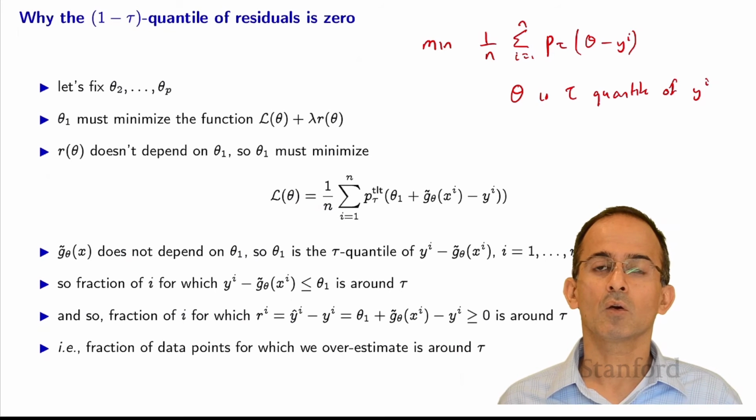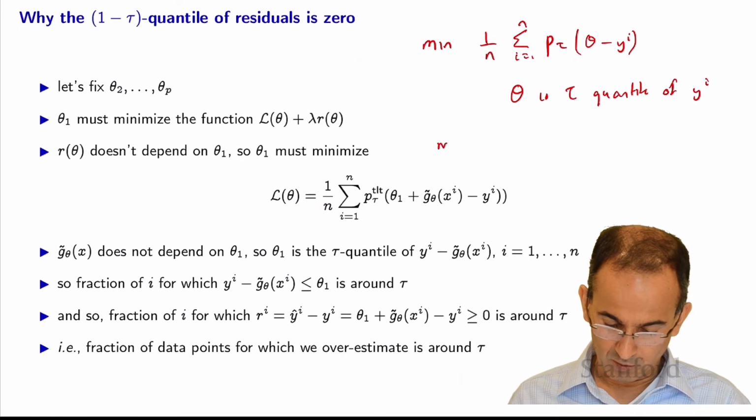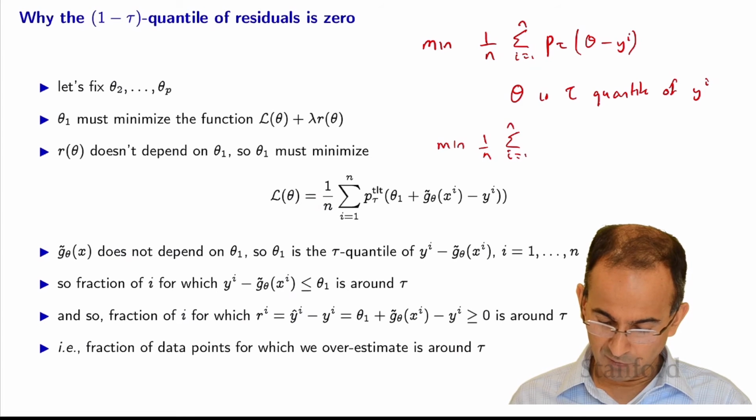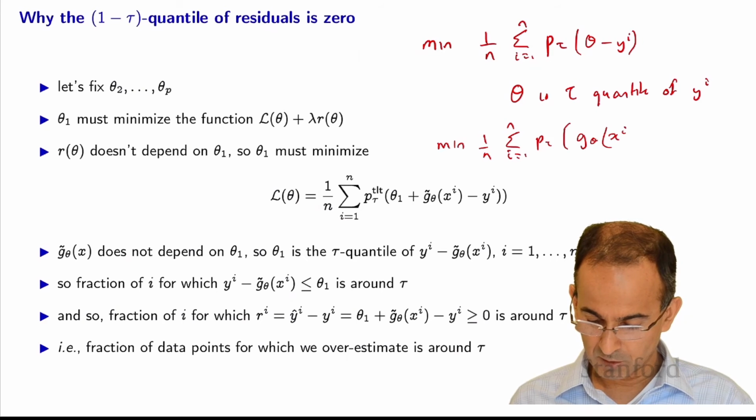Now here, we're minimizing something different. We're minimizing 1 on n, the sum over i is 1 up to n, of p tau of g theta of xi minus yi.